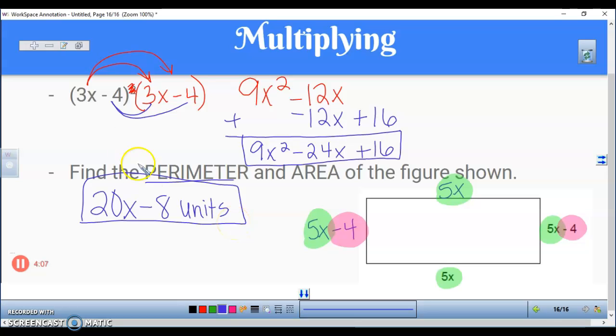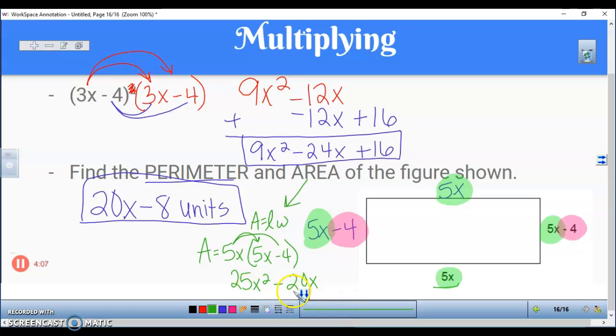To find my area, I'm going to use green. So remember, area is length times width. So my length is 5x. My width is 5x minus 4. I'm going to go ahead and distribute. That would give me 25x squared minus 20x.